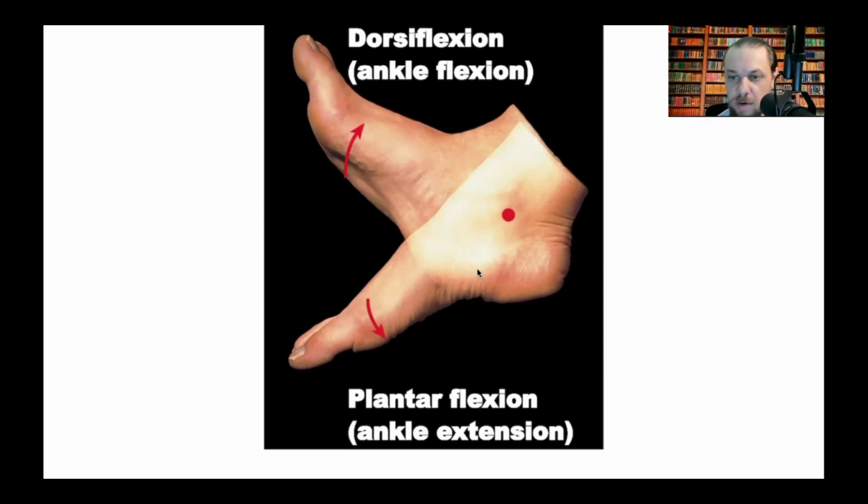I want to check their range of motion. And if you're documenting on your ACR, you could say, upon my assessment, patient was unable to do dorsiflexion, complaining of pain on a scale of 0 to 10, 10 being the worst. Same thing with the plantar flexion, this is ankle extension.